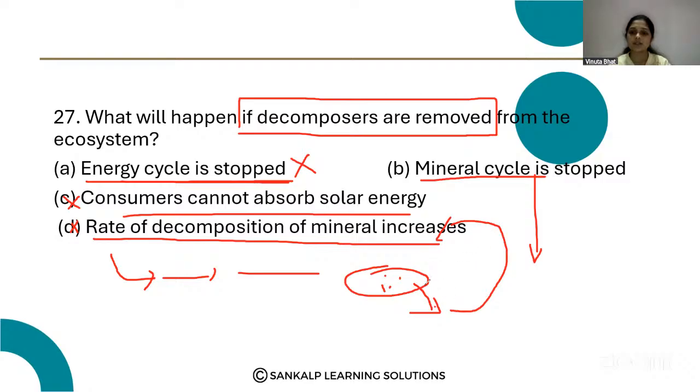So this is called the mineral cycle. So this mineral cycle is stopped. Organic matter will not be converted into simple inorganic matter, so that will not enter the soil. So the mineral cycle is stopped here. So option B is the correct one.